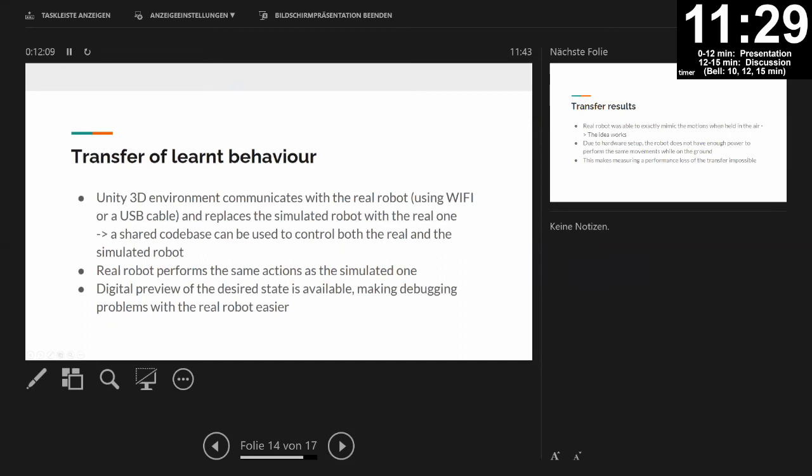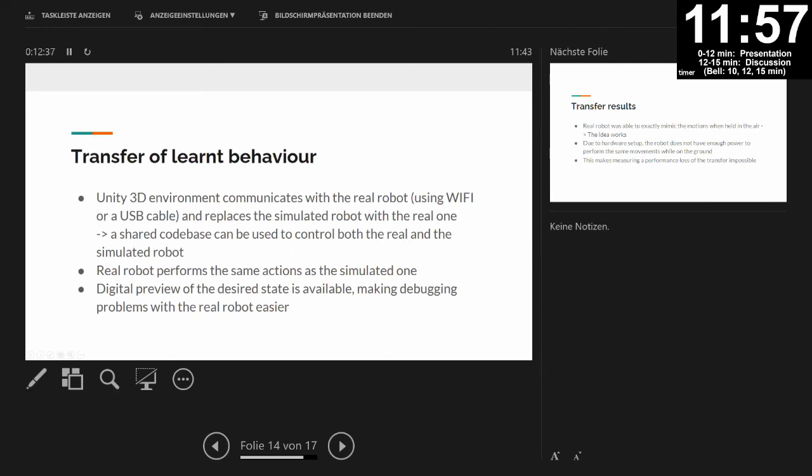As the Unity 3D environment also communicates with the real robot at the same time, we can just replace the simulated robot with the real robot and use the shared code base. So it's very easy to learn and transfer to the real robot. As we saw, the real robot performed the same actions as the simulated one, with some hardware limitations, which will be further discussed.